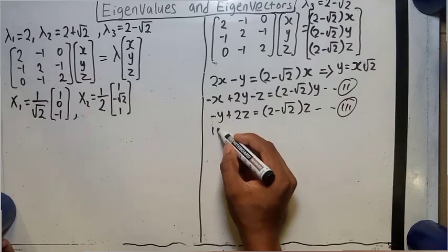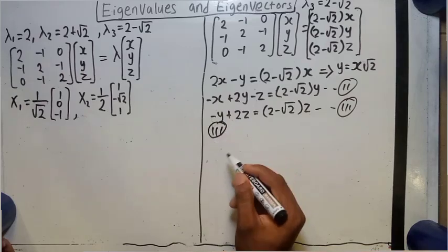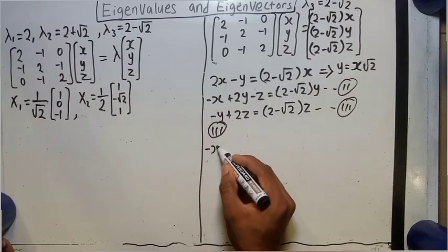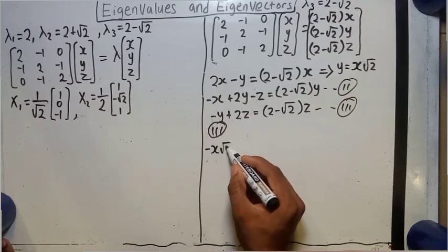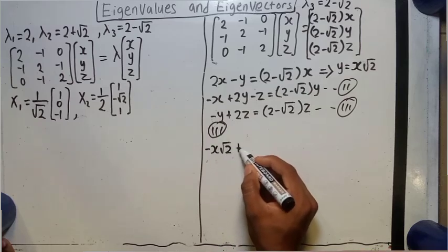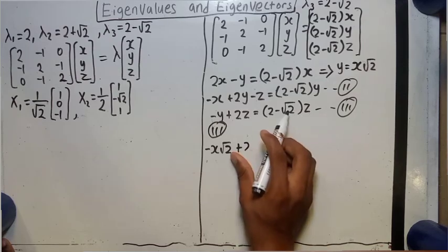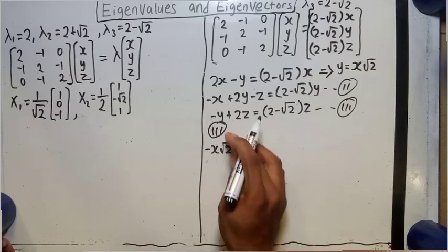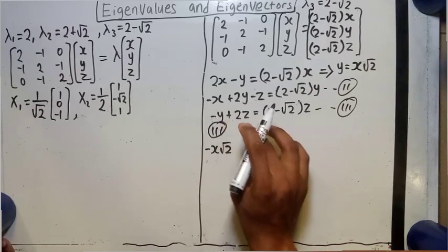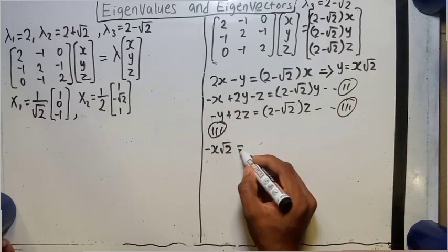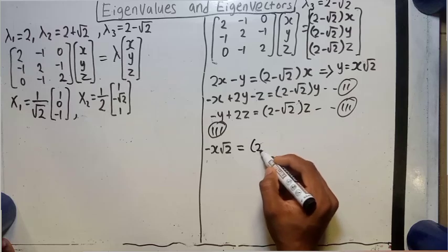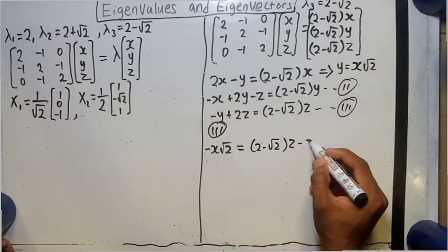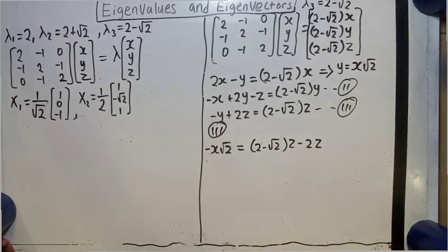For the third one, since we have gotten the value of y, we're going to be substituting it there. We're going to be having minus x root 2 plus 2. Okay, everything that is not y, everything that is z should go over to this side. We'll be having 2 minus root 2 z minus 2z.